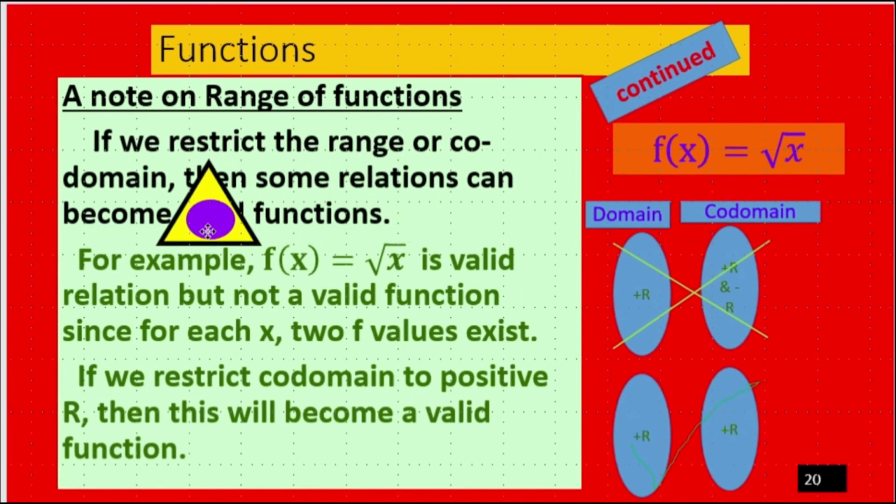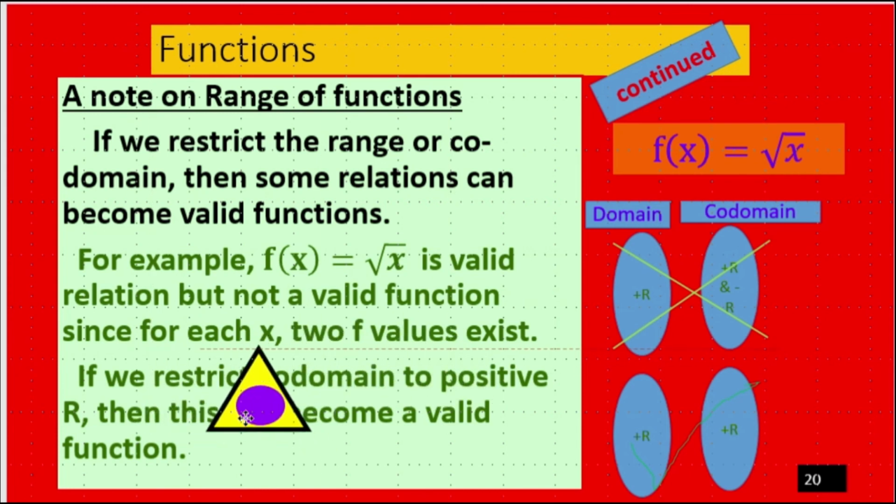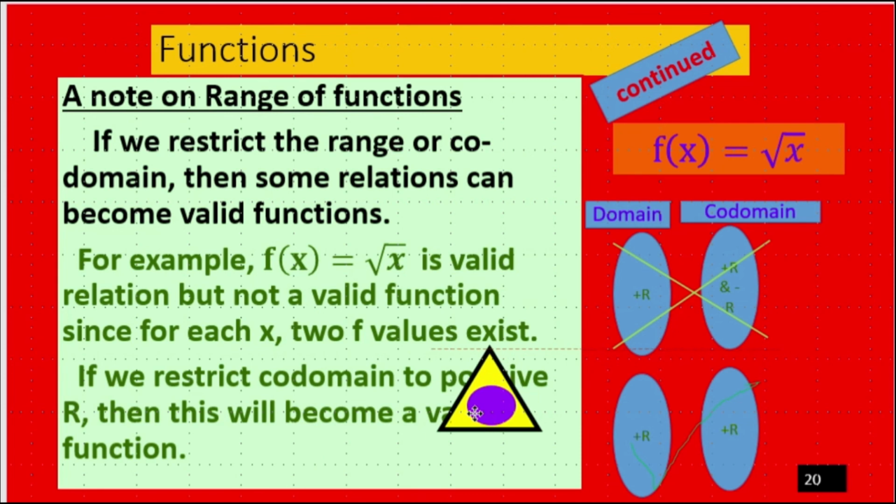A note on range of functions. If we restrict the range or codomain, then some relations can become valid functions. For example, f of x equal to root of x is a valid relation but not a valid function, since for each x, two f values exist.